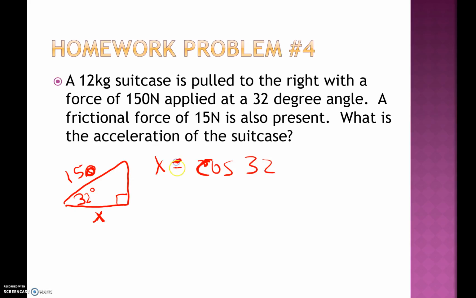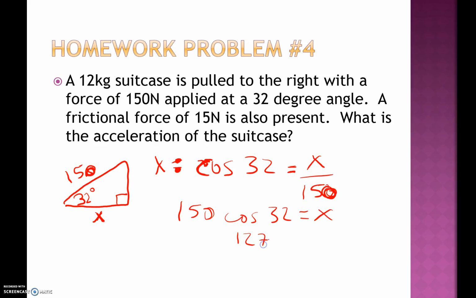Let's make these actual dots so you don't think they're zeros. So cosine of 32 equals x over 150. That's a 0, by the way. So to solve, 150 cosine 32 equals x. So 127 newtons is equal to x, which is the force in the x direction.